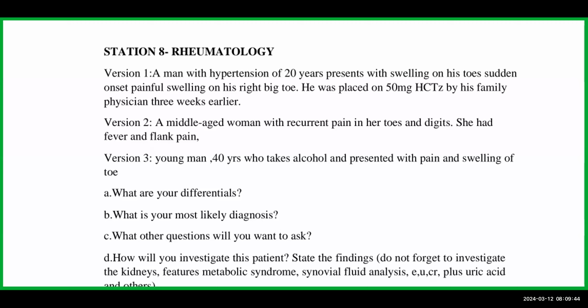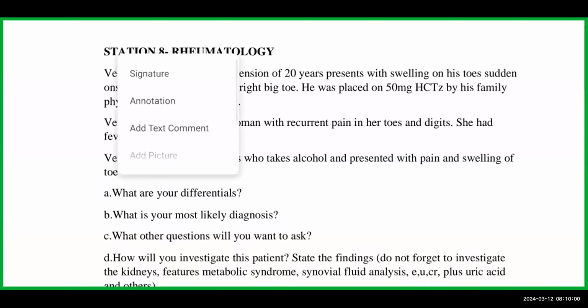Can you hear me, Dr. Fa? Okay. Yeah, I think we've already mentioned some of the differentials. In this version 2, the patient could have septic arthritis, maybe through hematogenous spread, maybe there is a background UTI. You can even have reactive arthritis, the one with the irritable symptom or something like that.